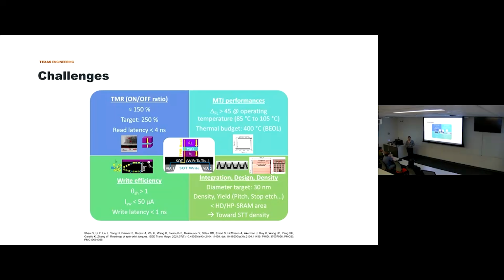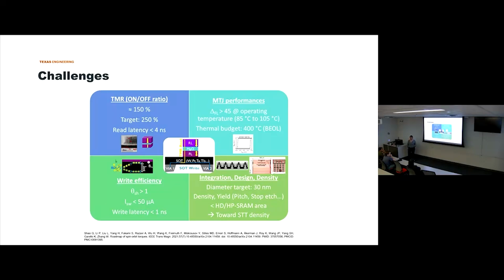And then also, we need to make sure that all of the materials that we're using can be incorporated in the entire CMOS process, right? So our back end of line uses really high temperatures, around 400 degrees Celsius, so anything that we're adding or using has to be able to survive the really high temperatures used in back-end-of-line processing.